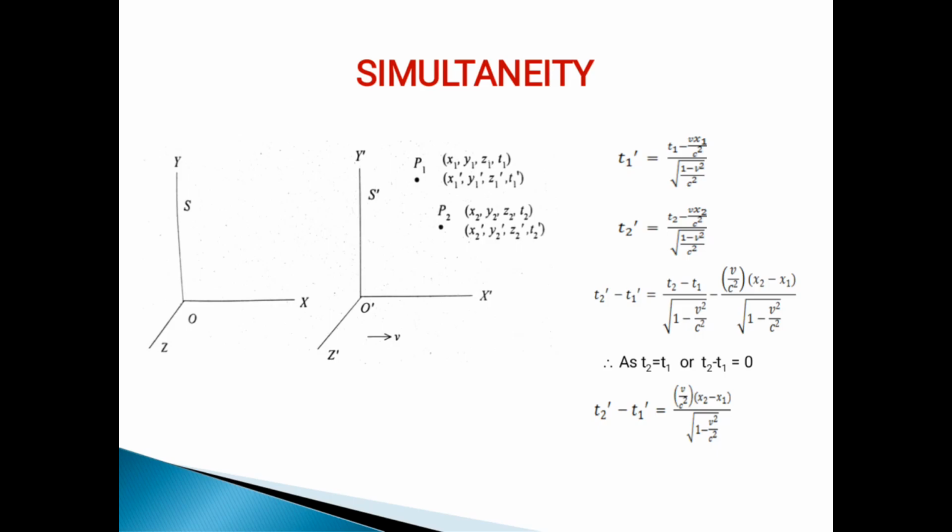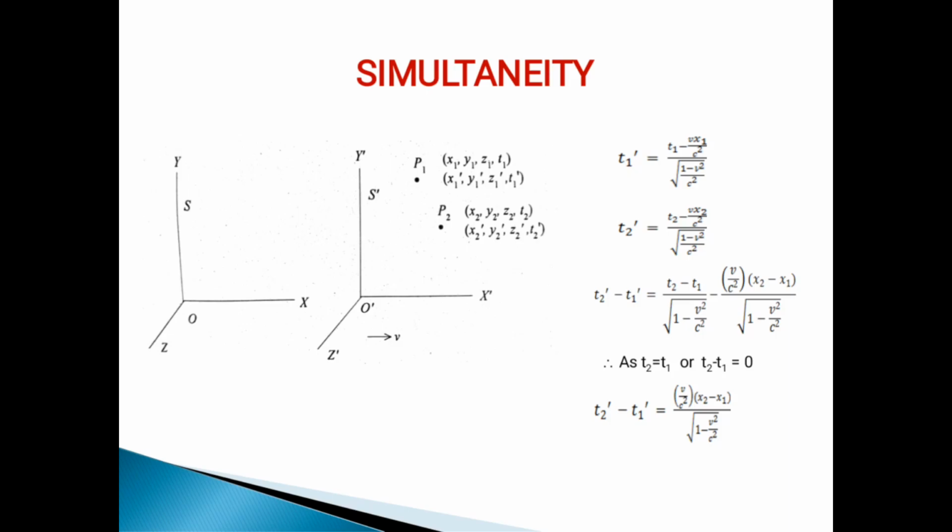For example, consider two events, the explosion of a pair of time bombs, that occur at the same time to an observer in a reference frame S. If the two events occur at different locations x1 and x2, consider another observer O prime in S prime moving with uniform speed v with respect to S in the positive x direction.